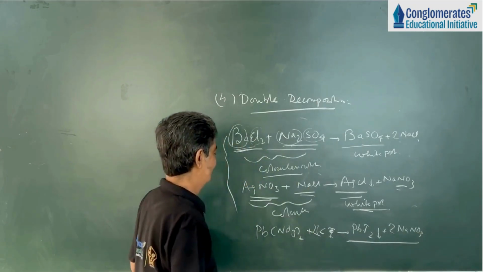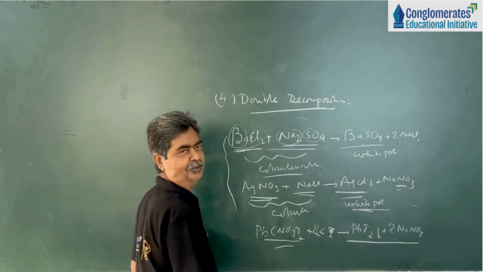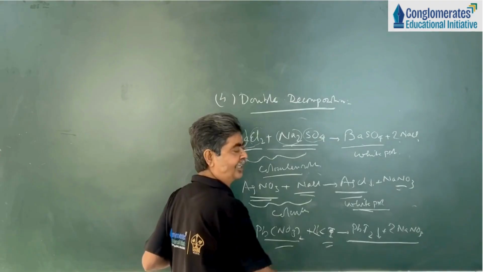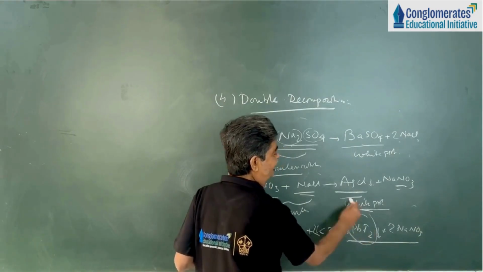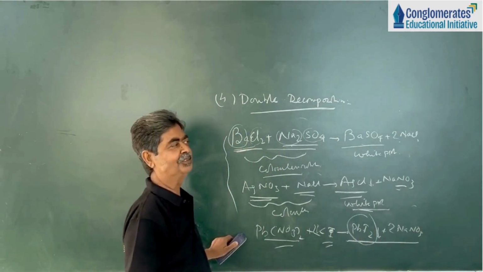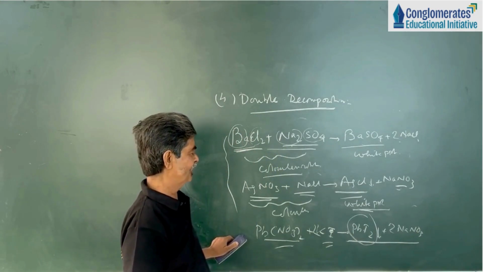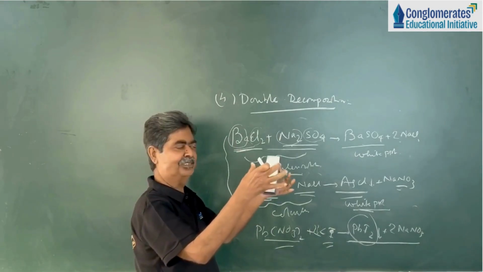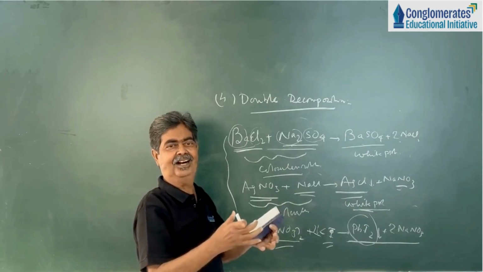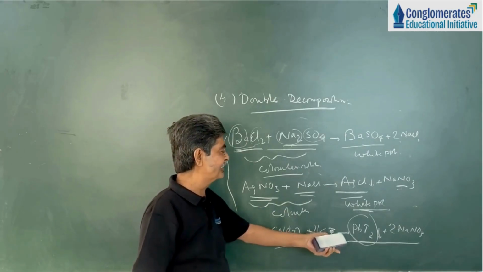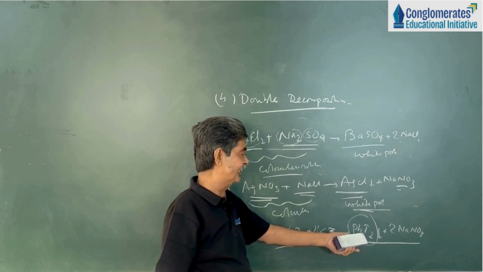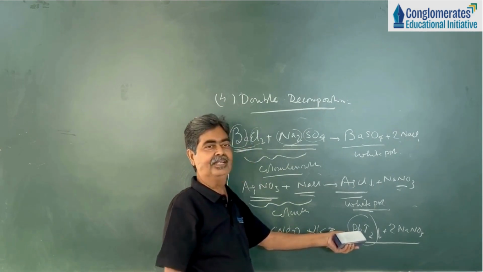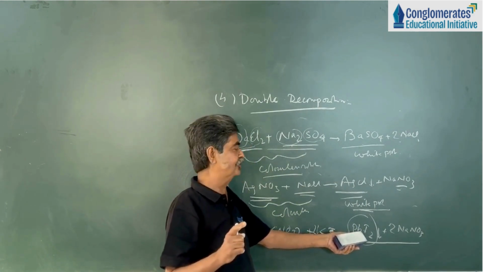Now the interesting part: lead nitrate is a colorless solution, and potassium iodide is also a colorless solution, but when they mix with each other, we get PbI2, and you know PbI2 is a yellow precipitate. So both colorless solutions, when they mix together, give a yellow precipitate. The interesting characteristic of this lead iodide is that it is soluble in hot but insoluble in cold.